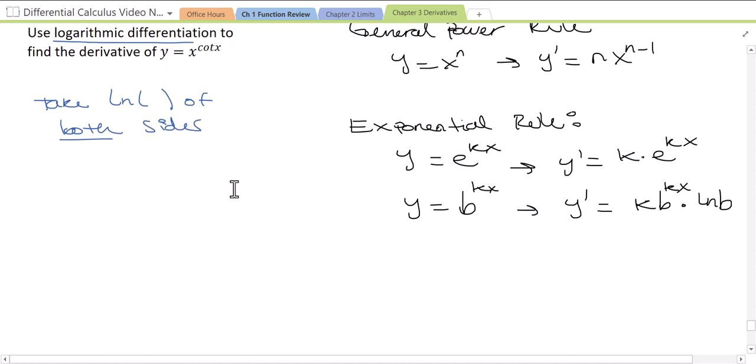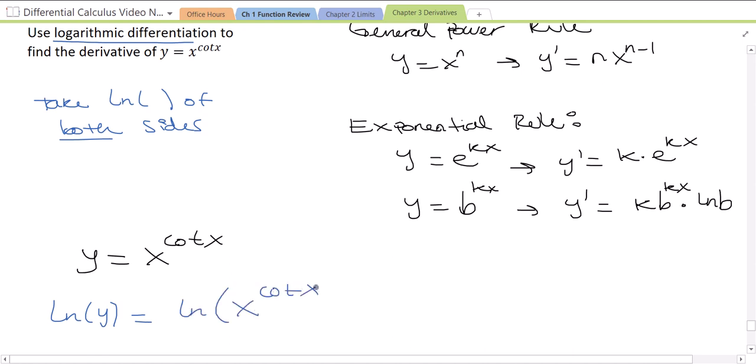So once I do that, let me just rewrite my function over here. I have y equals x to the cotangent of x. Once I apply the natural log to both sides, I'm going to have ln of y equals the natural log of x to the cotangent of x. Why do we apply the natural log?